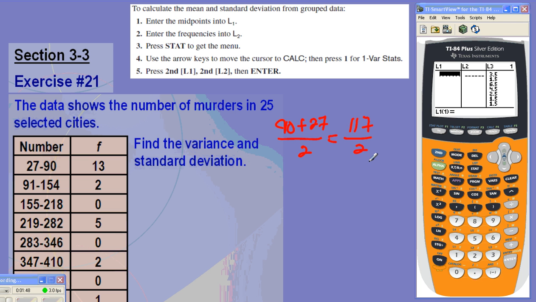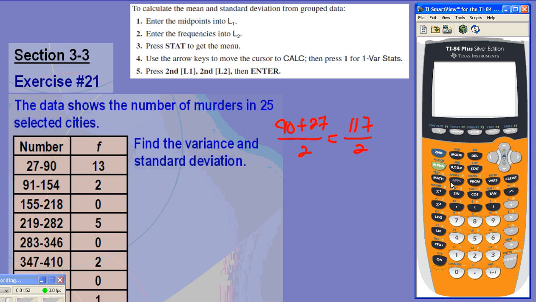And I don't know what that is, so just give me one second. I take 117 and divide it by 2 and I get the answer. Then I come back to my stat and go to edit again and I can type in what that number was.